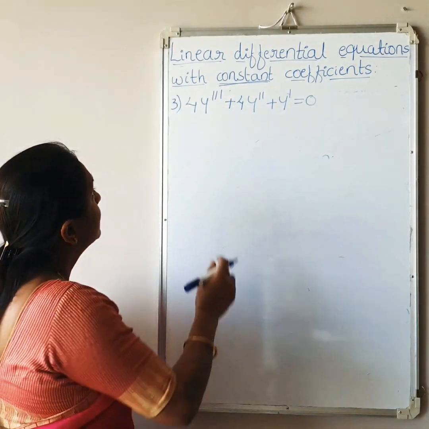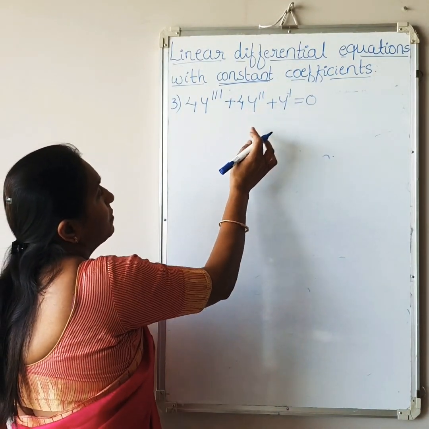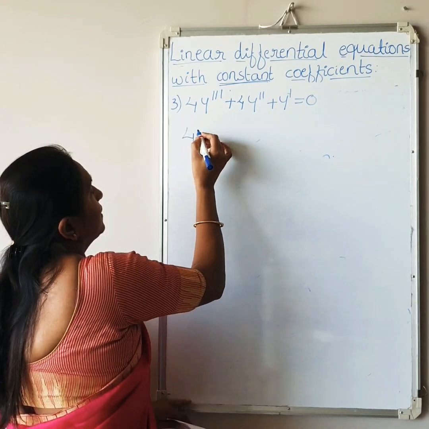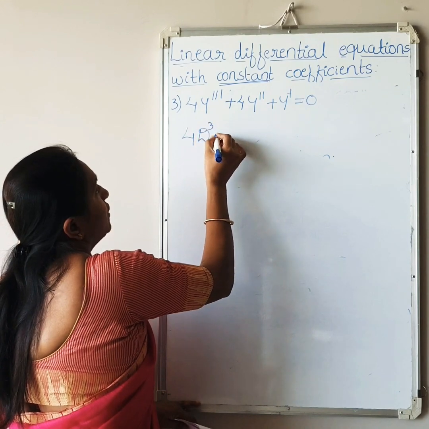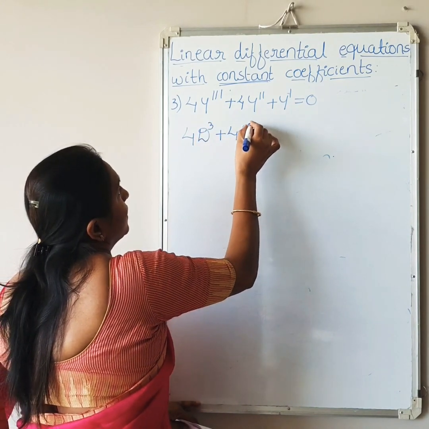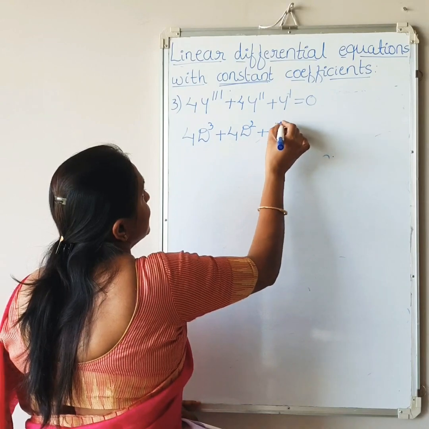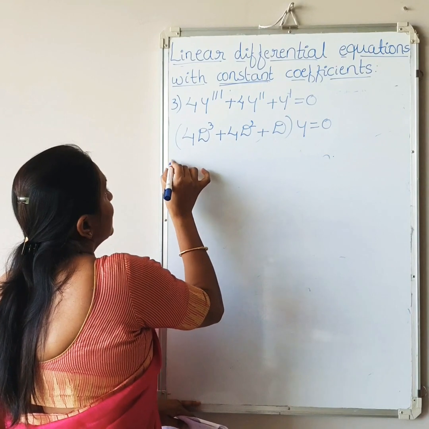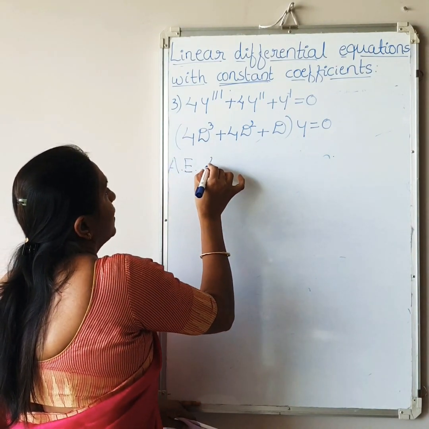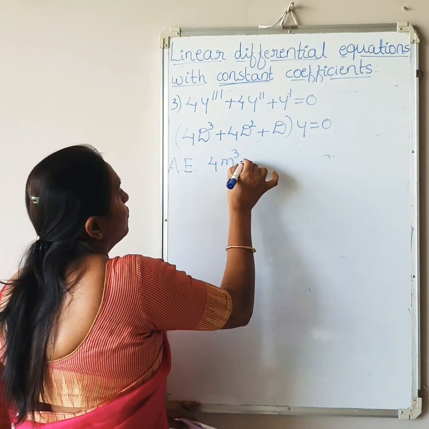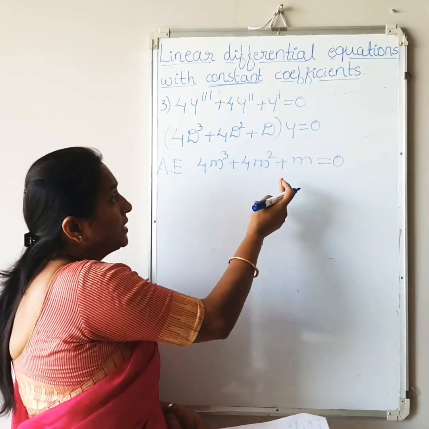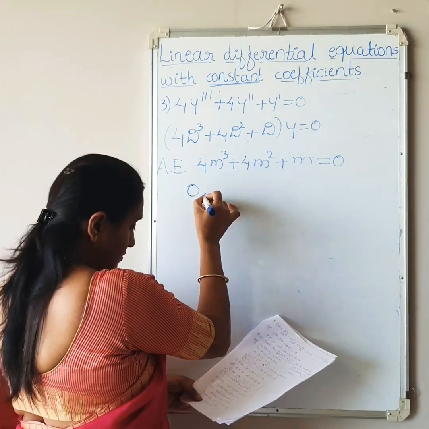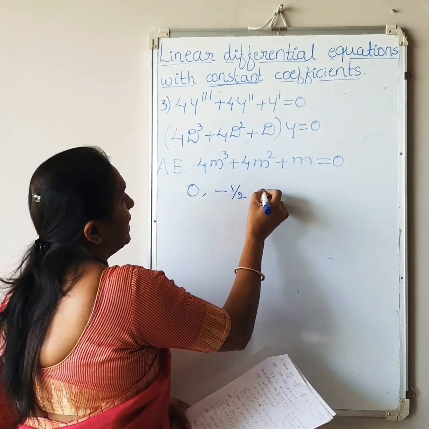So next example, 4y triple dash plus 4y double dash plus y dash is equal to 0. Then we'll write by using the differential operator, 4D cube plus 4D square plus D, y is equal to 0. Then the auxiliary equation will be 4m cube plus 4m square plus m is equal to 0. So roots are 0, minus 1 by 2, minus 1 by 2.